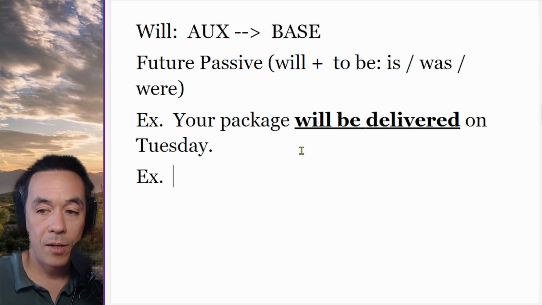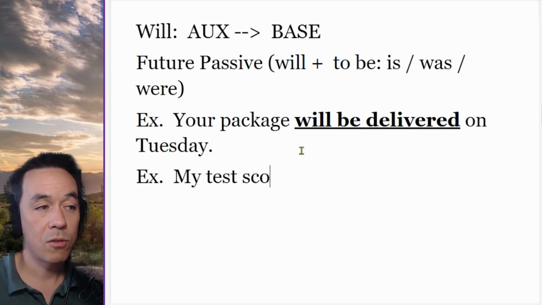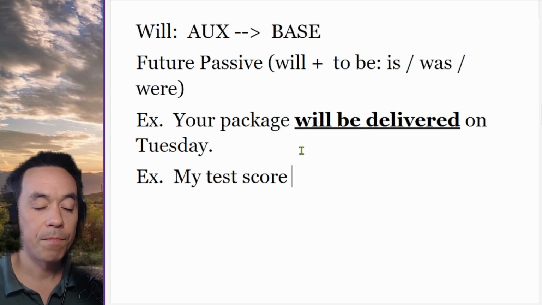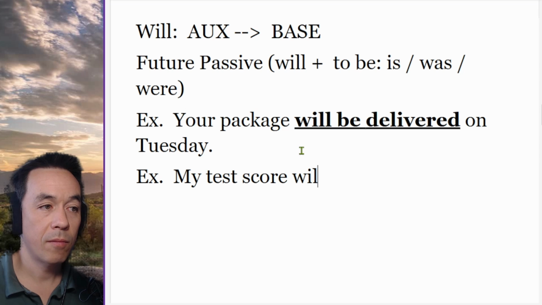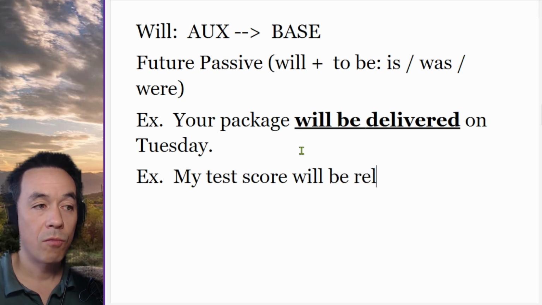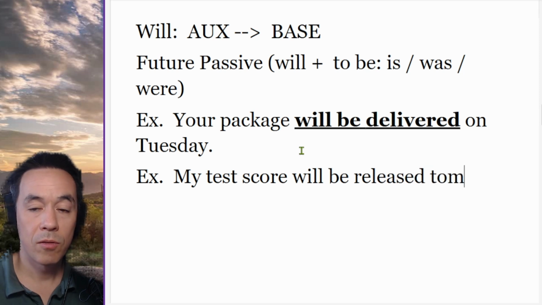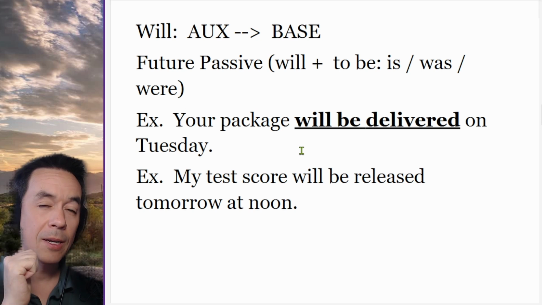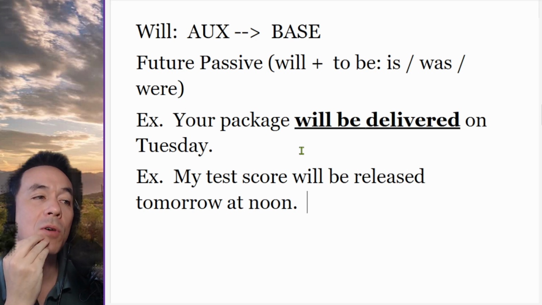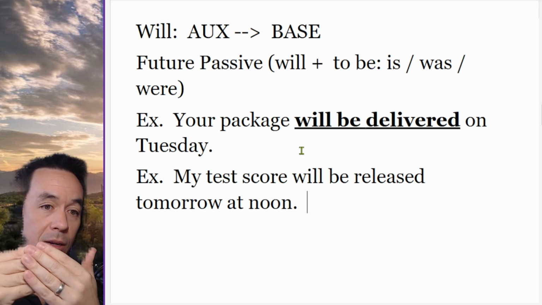And how about another one? So, my test score, let's say, not now. It will be released tomorrow at noon. Okay, so I took a test. Now I'm waiting for the score. I want to know the score, but I have to wait.